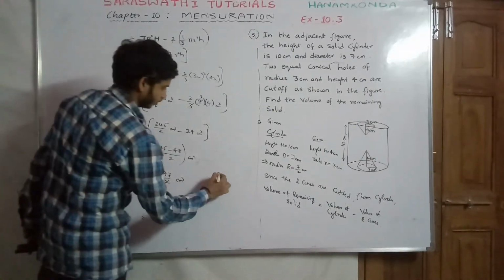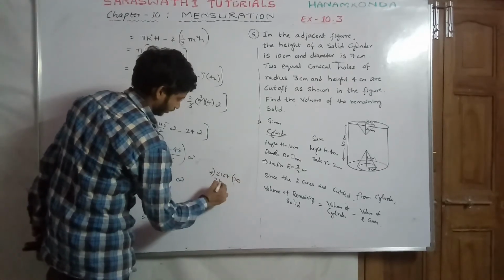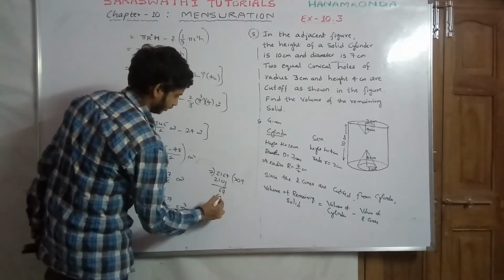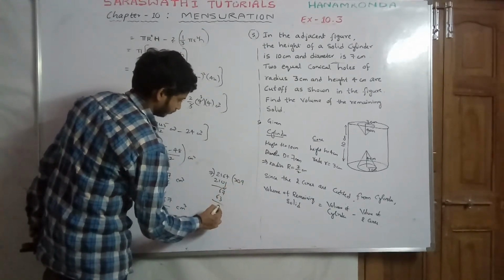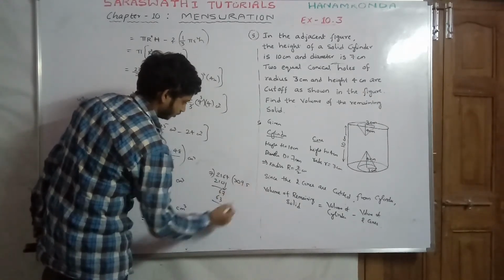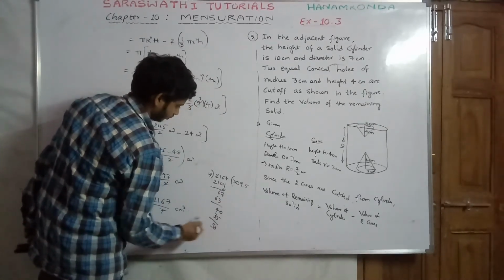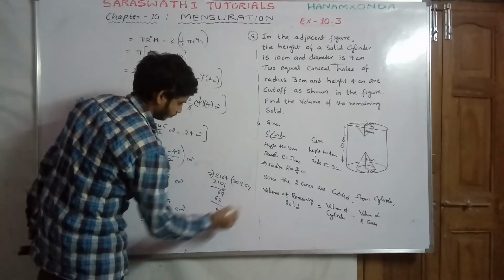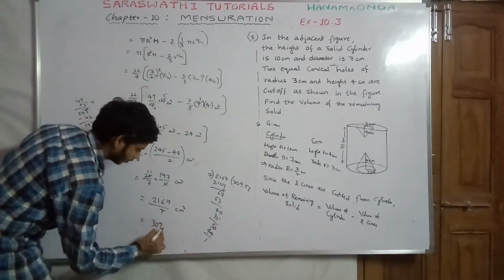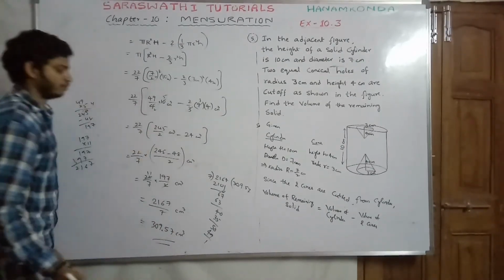Now divide 2167 by 7, which gives 309.57 cubic centimeters.